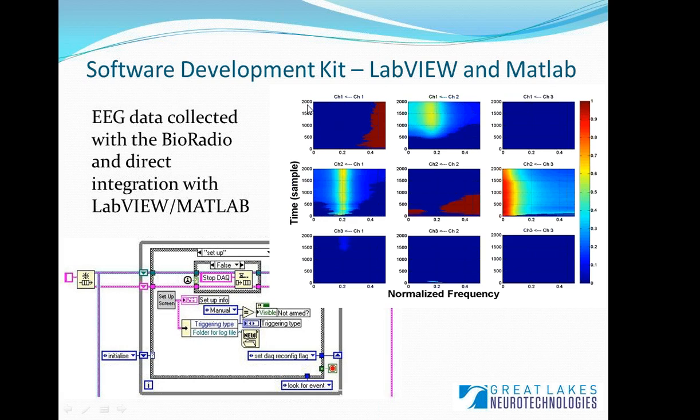And this is actually an example of an EEG analysis using MATLAB. So what this is called is a joint time frequency analysis. And a joint time frequency analysis plots frequency over time, so you can see that the frequency is here on the x-axis.